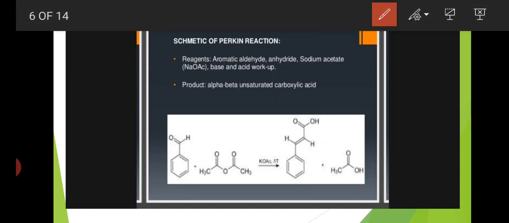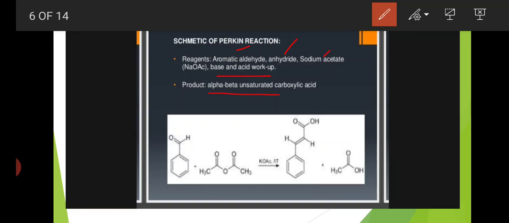Here, schematic of Perkin reaction means the reagents which participate in Perkin's reaction. What are they? First is aromatic aldehyde and anhydride, sodium acetate, and base and acid workup. Okay, these are the reagents that participate in Perkin's reaction.